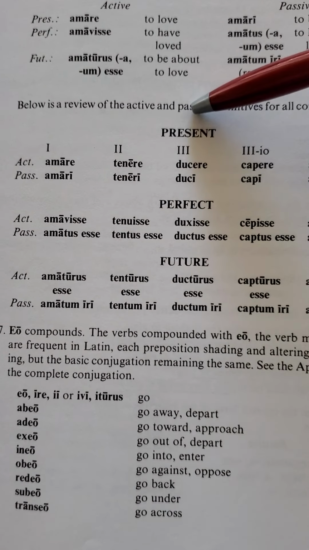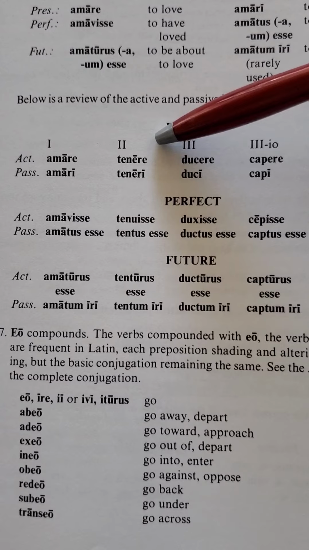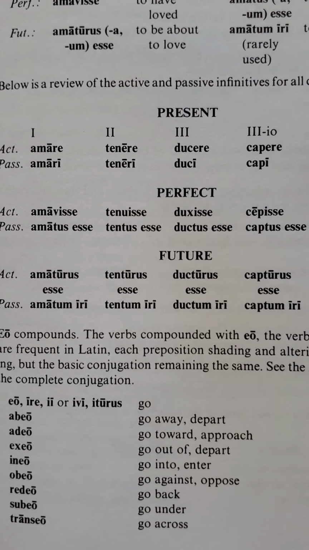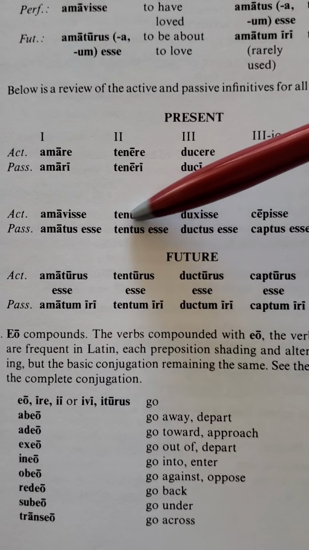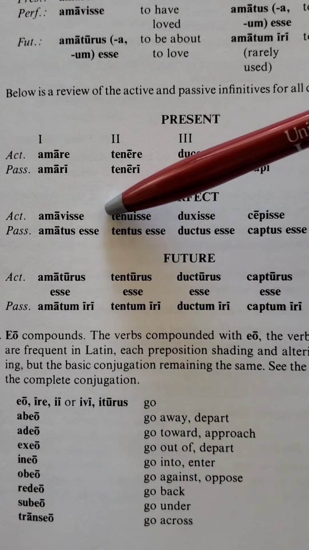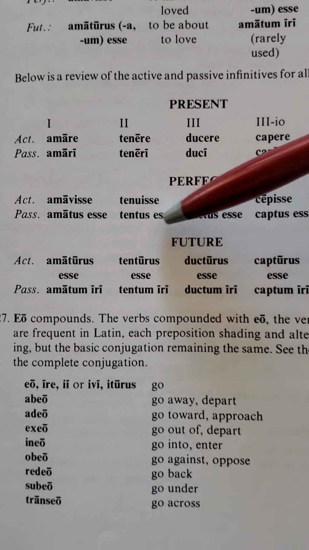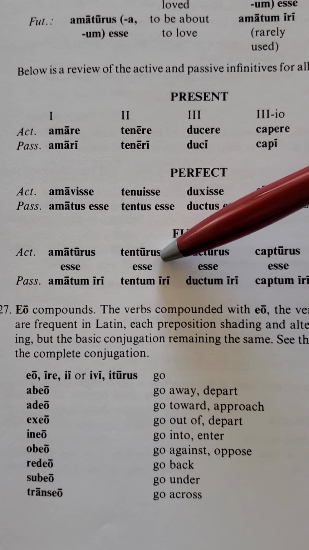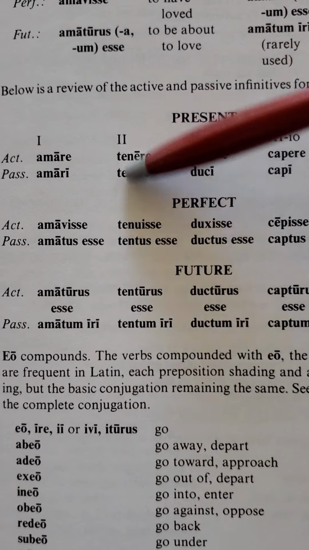So Norma gives you an example. Here's a second declension, tenere, teneri. Just remember to remove that E and put the I instead. And so the third principal part, tenuisse, and then the fourth principal part plus to be, tentus esse, and then the future active participle plus to be, tenturus esse, and then tentum iri, which is what we're going to ignore. So it's really not hard.